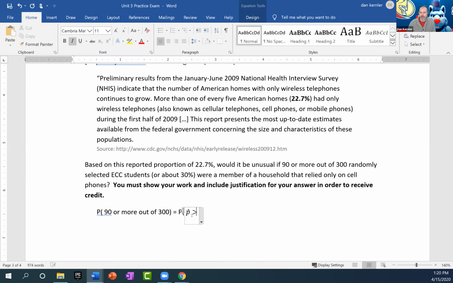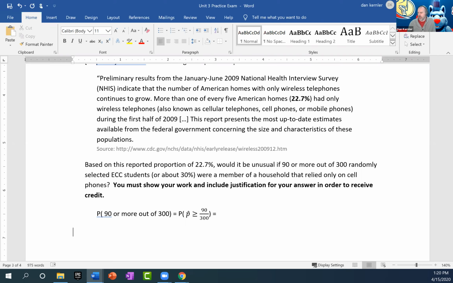Not really? So the key for me is when it says 90 or more out of 300, 90 out of 300, that's how I know, oh, that's a proportion. So we're trying to find the probability that a sample proportion is at least 90 out of 300.